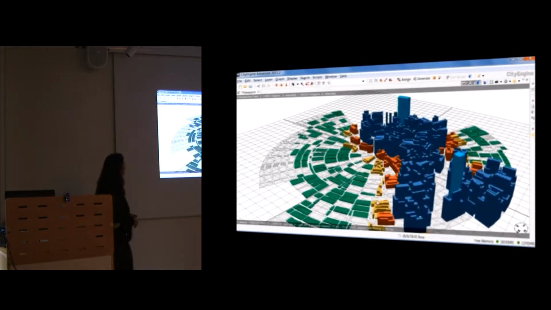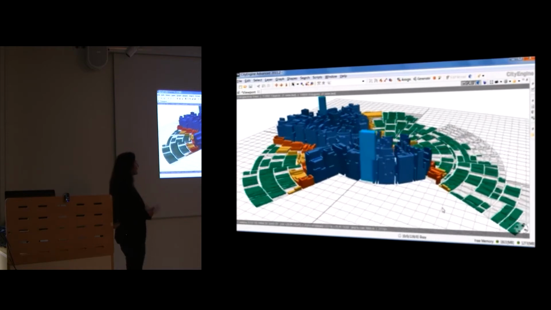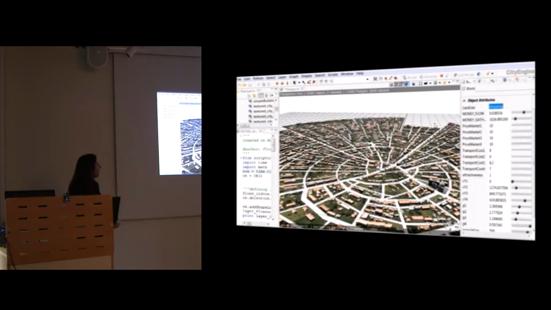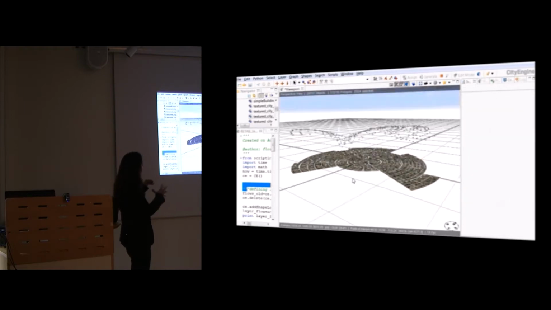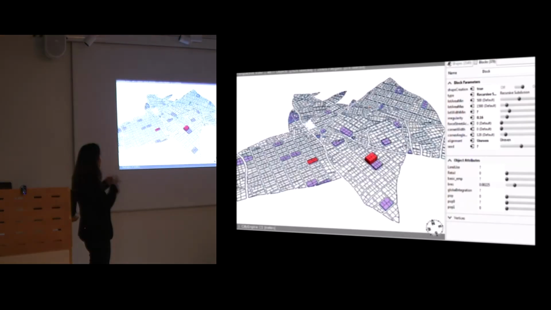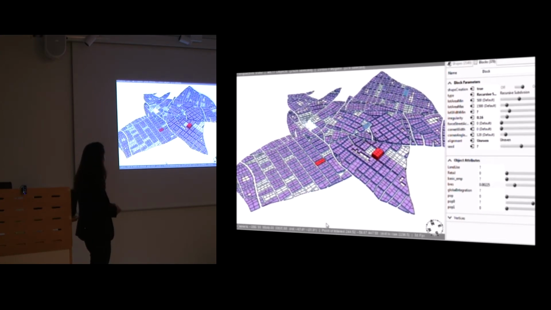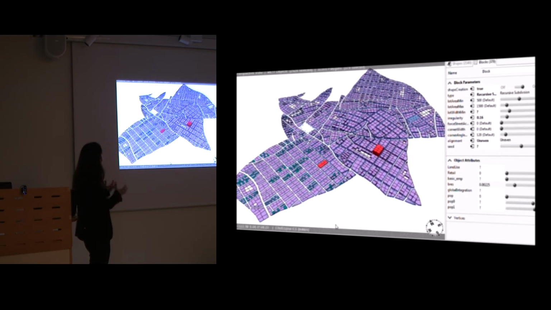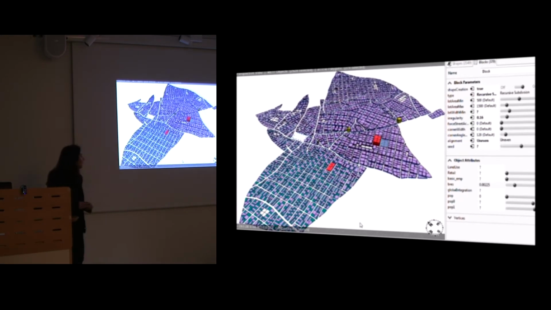So this is what I try to do now. I try to kind of combine the mathematics of cities, urban modeling, with 3D environments, and look at land uses, look at flows between different city elements. Analyze and generate different land uses and visualize flows.